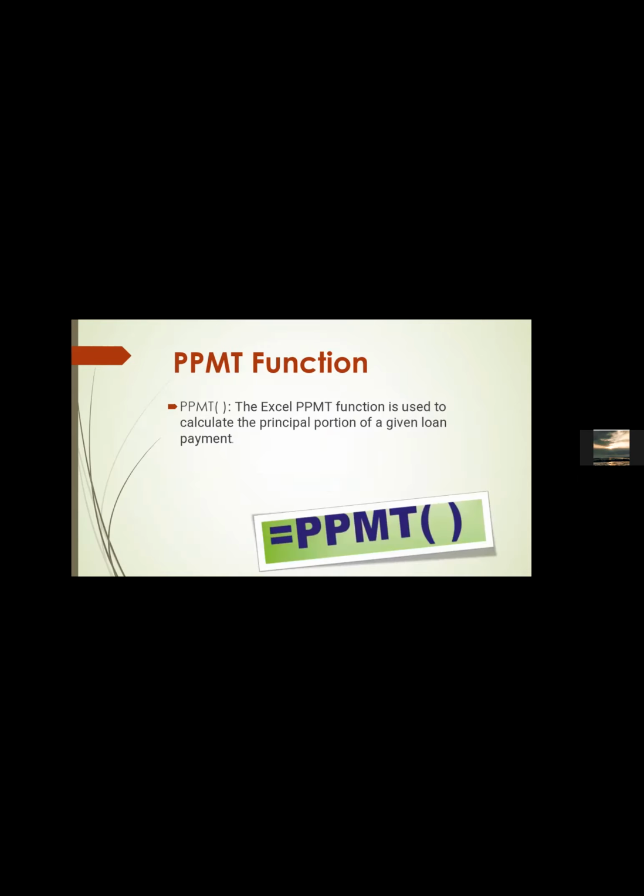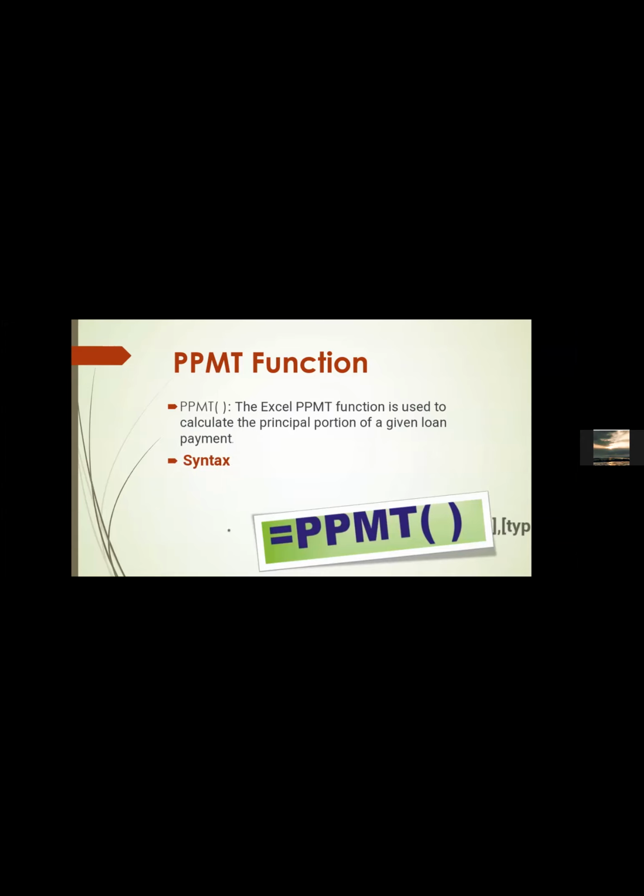PPMT function. The Excel PPMT function is used to calculate the principal portion of a given loan payment. For example, you can use PPMT to get the principal amount of a payment for the first period, the last period, or any period in between.